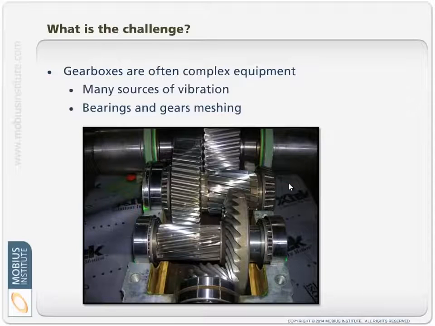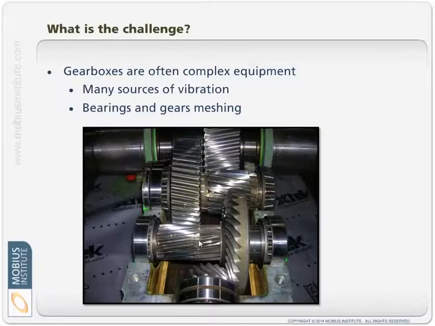The vibration from the gearbox can be quite complicated because the gearboxes themselves can be quite complicated. Of course, you've got to think about the gearboxes in your plant and how complicated they are, but you can see in this case that we've got these rolling element bearings, and of course you may have sleeve or journal bearings, but you've got all these mating gears here that all generate their own sources of vibration, and you want to be able to detect if there's any problem on any one of these gears.